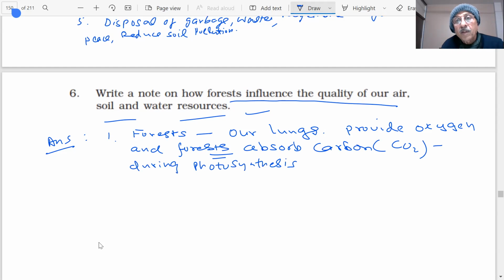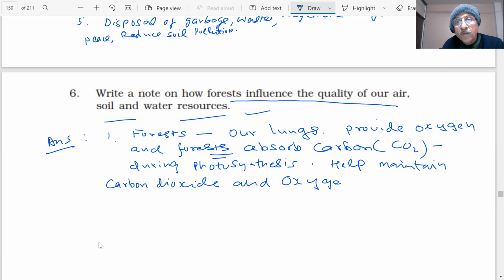So they help maintain the carbon dioxide and oxygen ratio in the atmosphere. Because he's talking of quality of air, students.